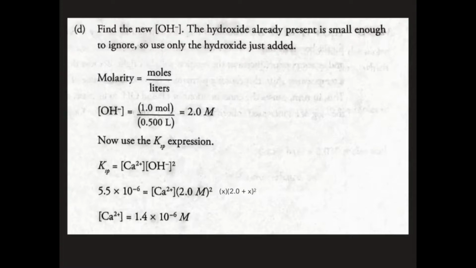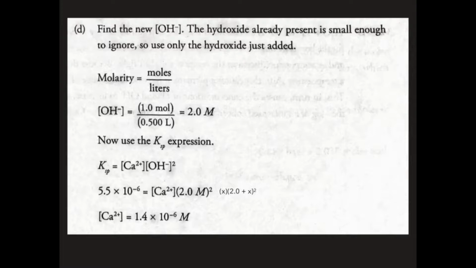In D, it says if 1 mole of hydroxide is added to the solution in B, what will be the resulting calcium ion concentration? Assume that the volume does not change. Well, if I'm adding 1 mole, what that means is I'm really adding 2 molar of OH minus. So if you look at your KSP, you've got concentration of calcium ions times your concentration of hydroxide ions squared. My KSP stays the same.